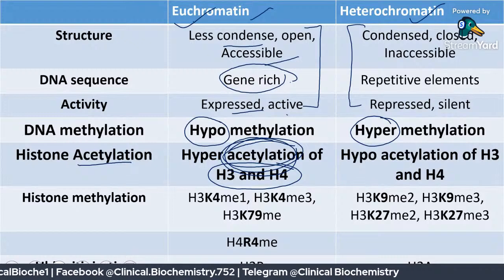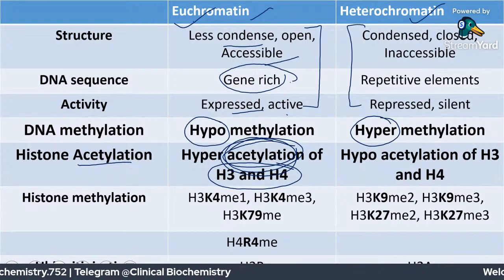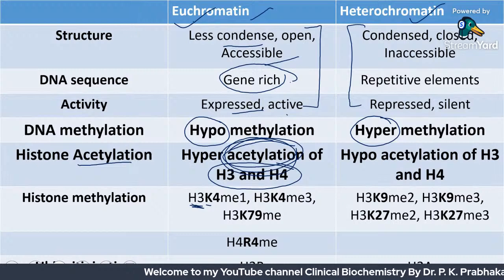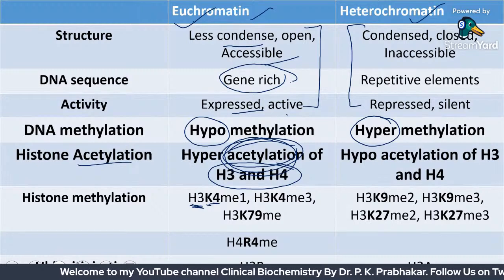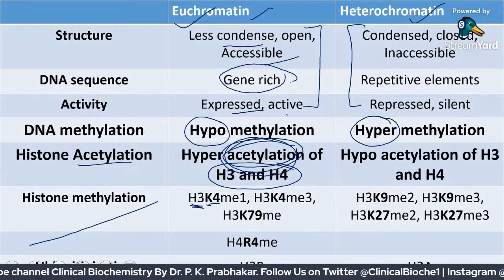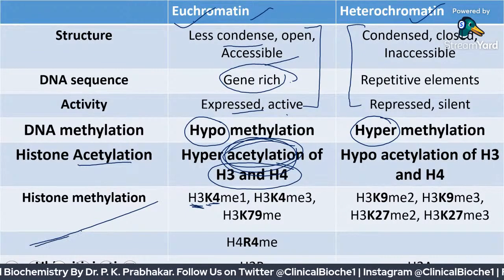Now I have told you methylation has different effects. If you do methylation on histone 3, H3 means histone 3, K means lysine, the fourth position lysine, because histones are proteins. This you need to remember, please. You need to write it and remember.